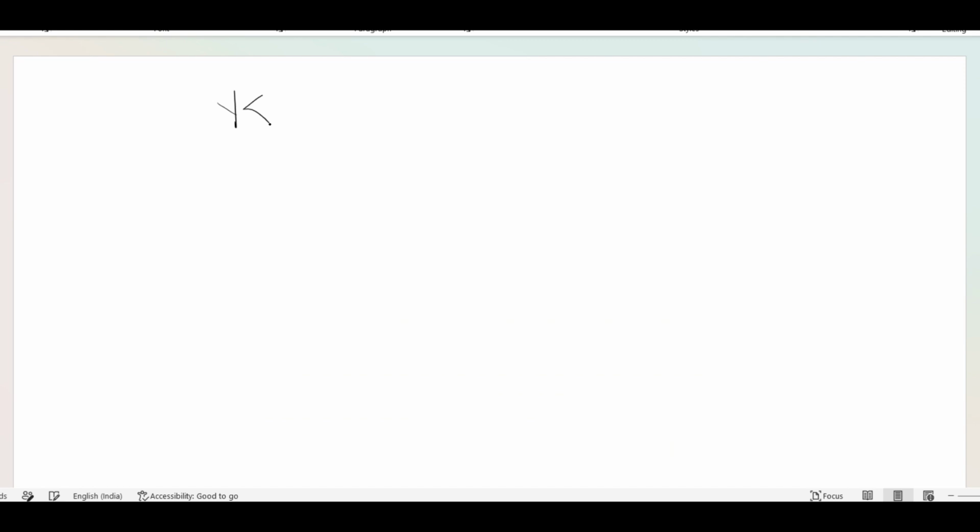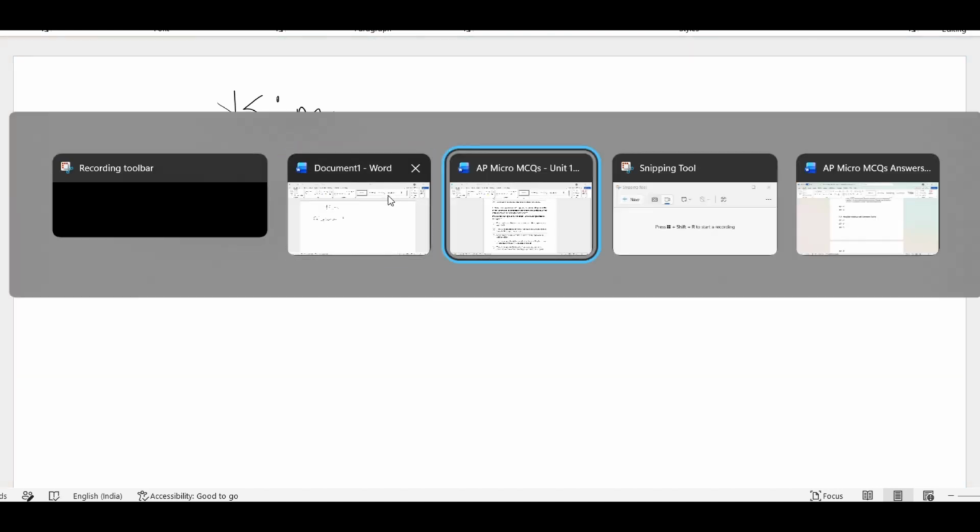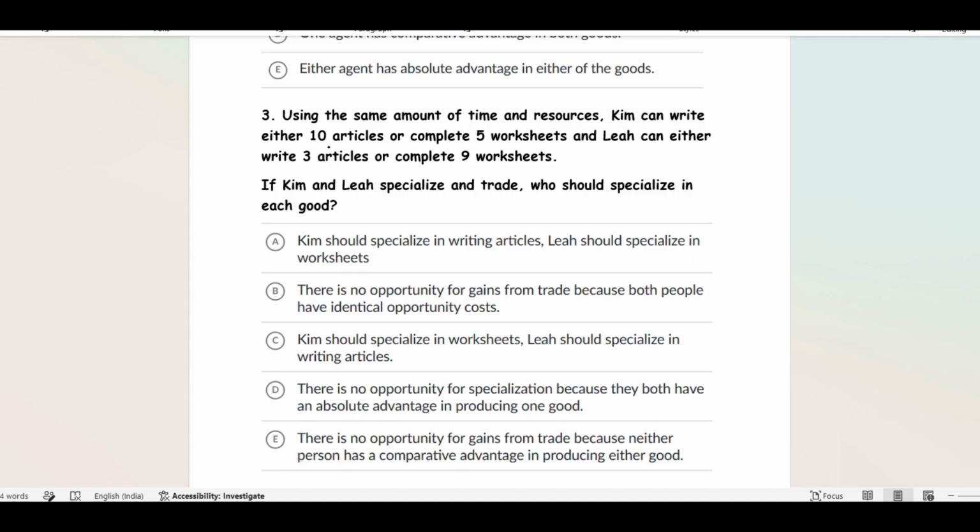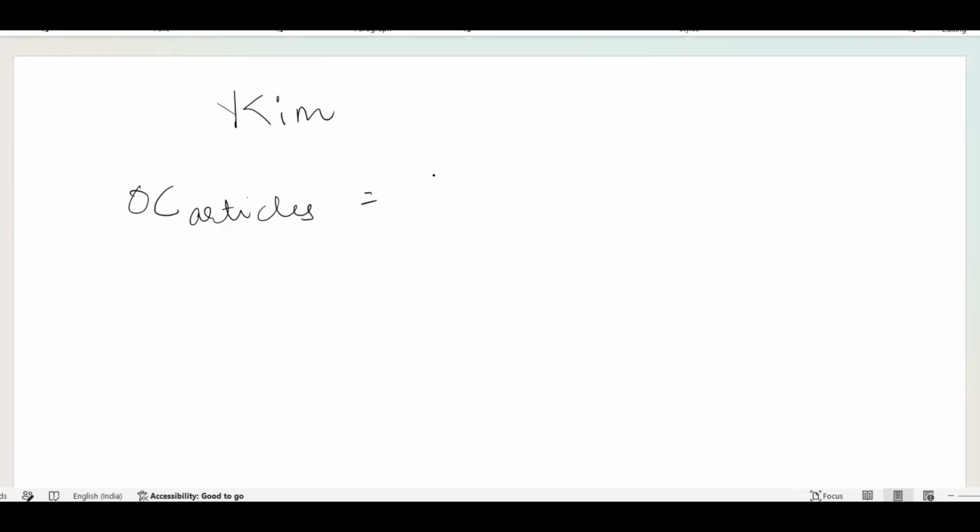For Kim, the opportunity cost for articles would be 5 by 10, which makes it half of a worksheet. So for every one article that Kim writes, he has to sacrifice half of a worksheet.